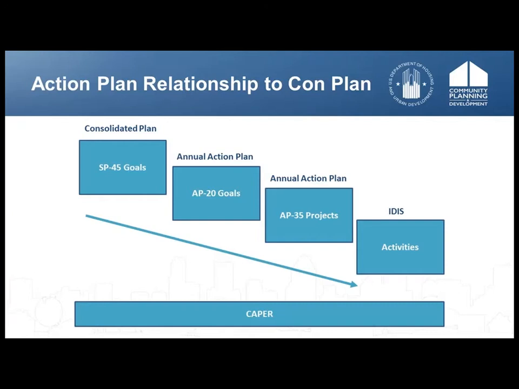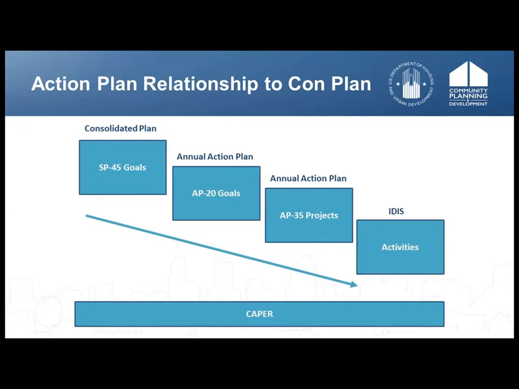And you'll see that CAPER box at the bottom. So you should know the CAPER reports by goal. It's really important to know that because you might spend a lot of time working in the activity level, but all the activities will boil back up to that SP section.